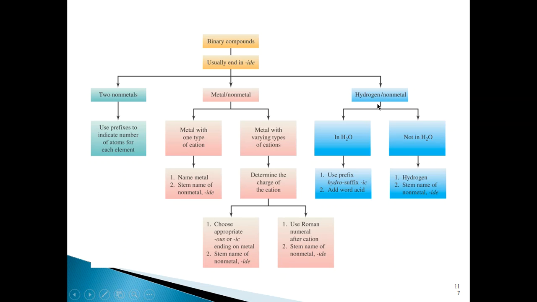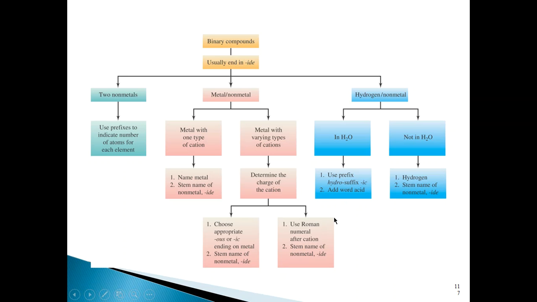And then over here, this is where we're dealing with hydrogen bonded to a nonmetal. If it is not in water, then it's basically hydrogen followed by the stem of the nonmetal name ending with IDE. And if it's dissolved in water, then the prefix hydro followed by the stem of the nonmetal that is bonded to the hydrogen ending with ic acid, and that's it.